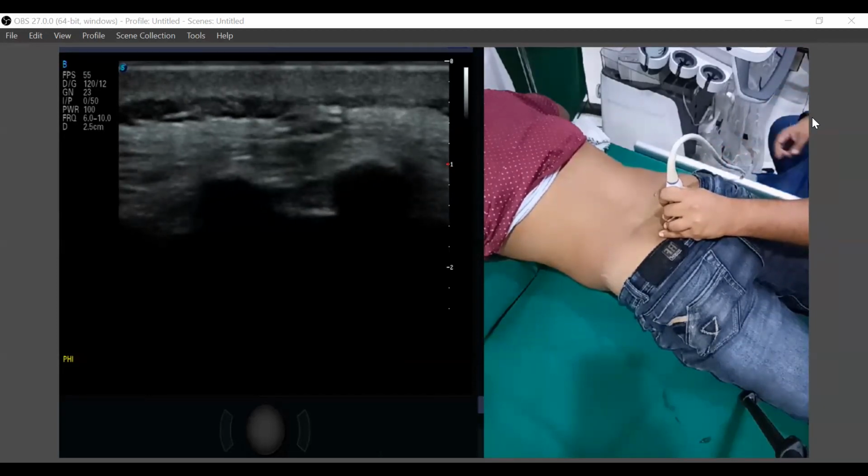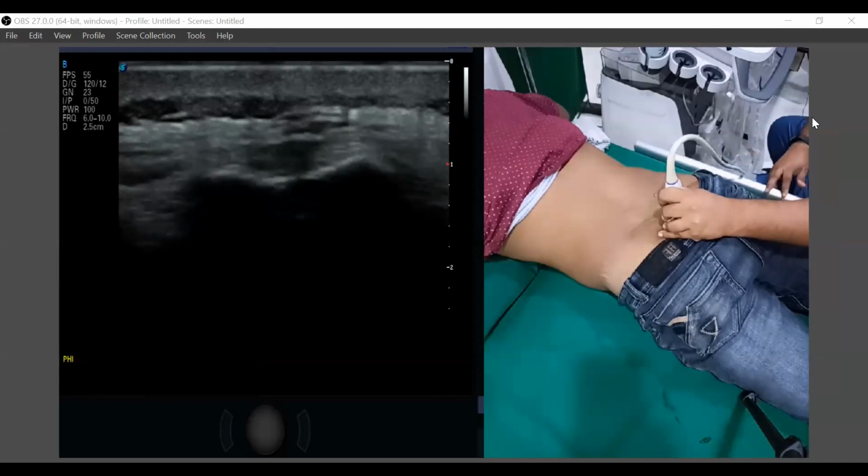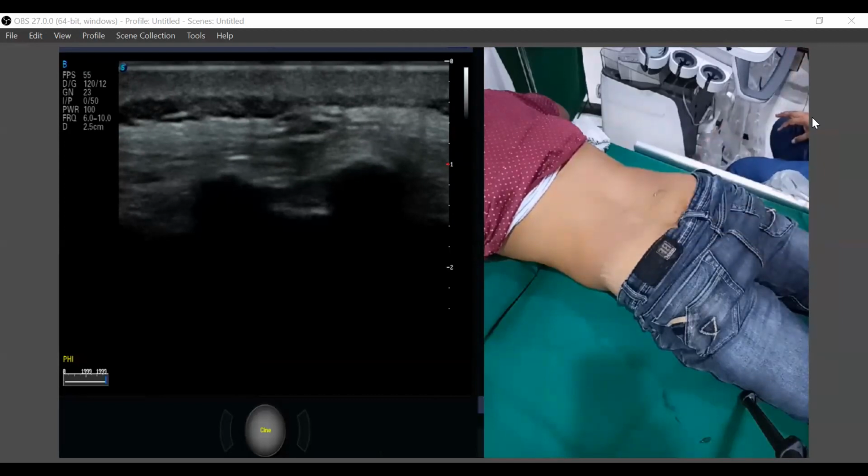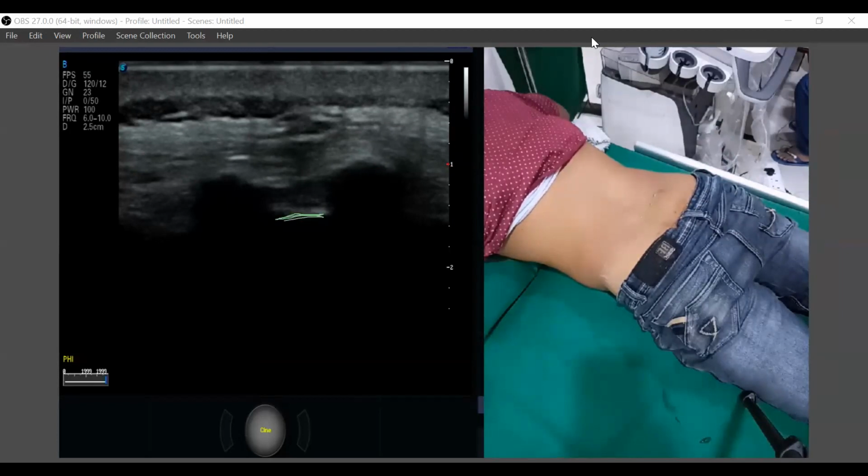We do not know which level this is, but either this is S4 or S5, and you can see the white bony area in between these sacral cornua. So here is the area where we can see the posterior part of the body, and these are the sacral cornua.